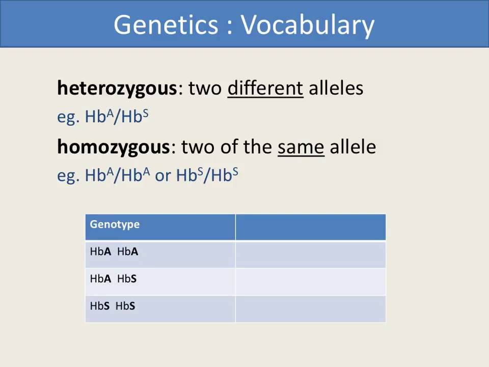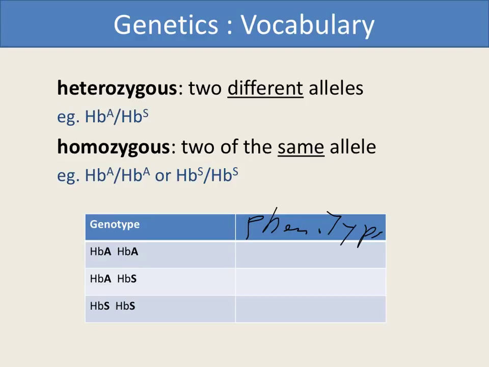Okay, so here we are. We're going to look at it. This is the genotype. Over here is the phenotype. So, what would you say? Would HbA be normal or abnormal? Well, let's start here.